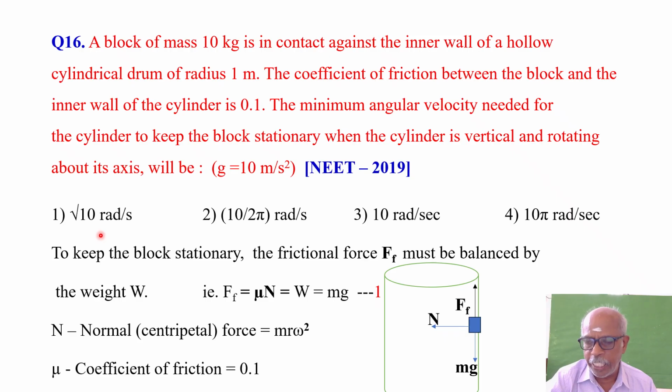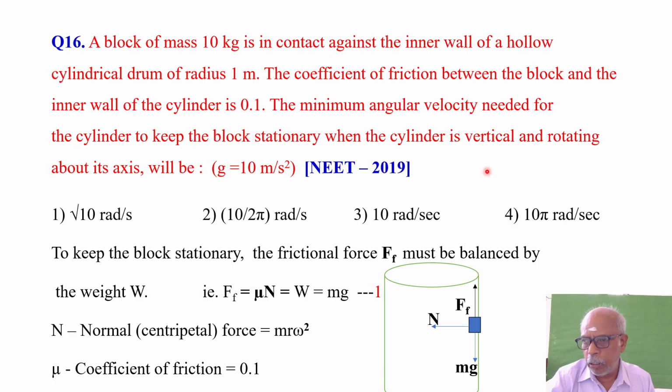The options are square root of 10 radian per second, 10 by 2 pi radian per second, 10 radian per second, and 10 pi radian per second. It is given that the acceleration due to gravity g is equal to 10 meter per second square. This question was asked in the NEET examination in the year 2019.